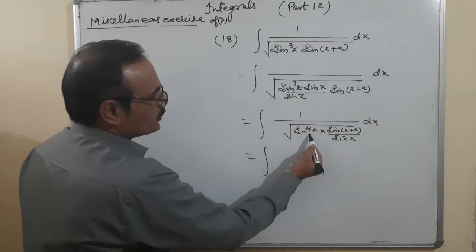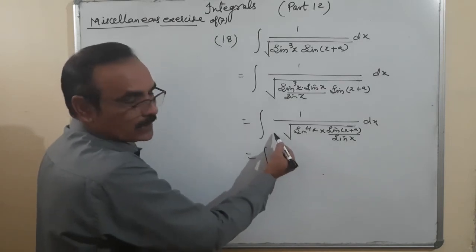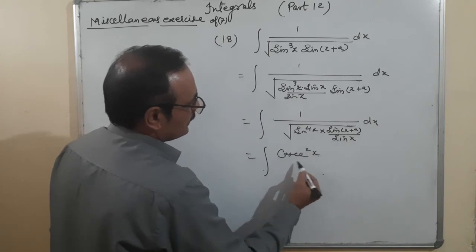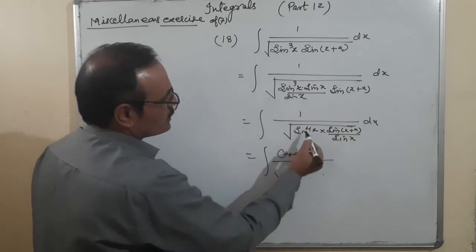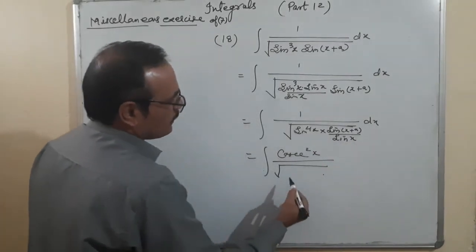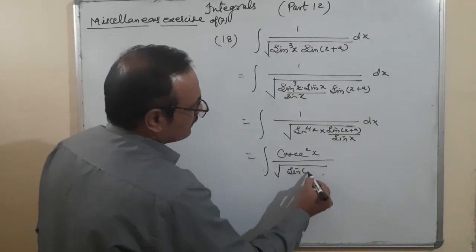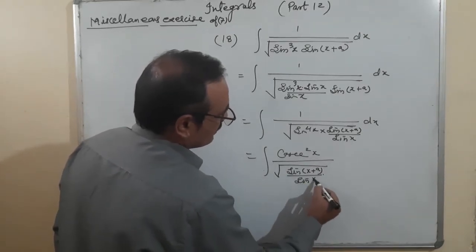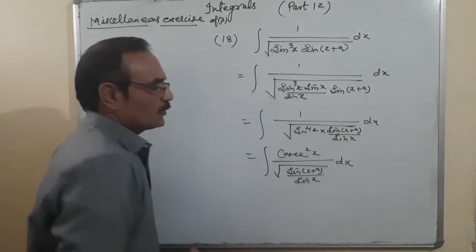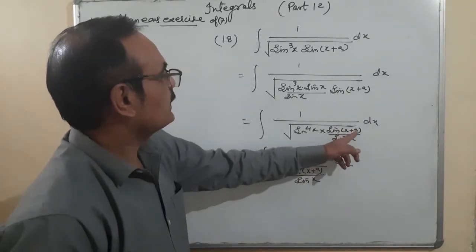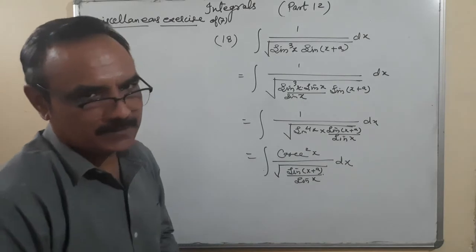What happens? Sine to the power 4 x comes out as sine square x, upside it is cosec square x upon what is left here, under root sine x plus a upon sine x, dx.